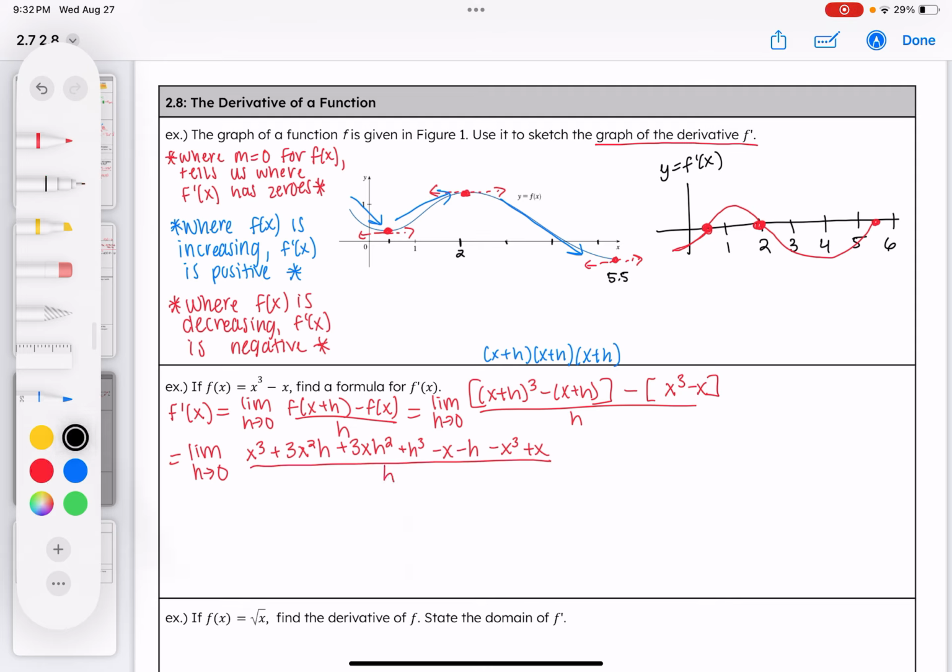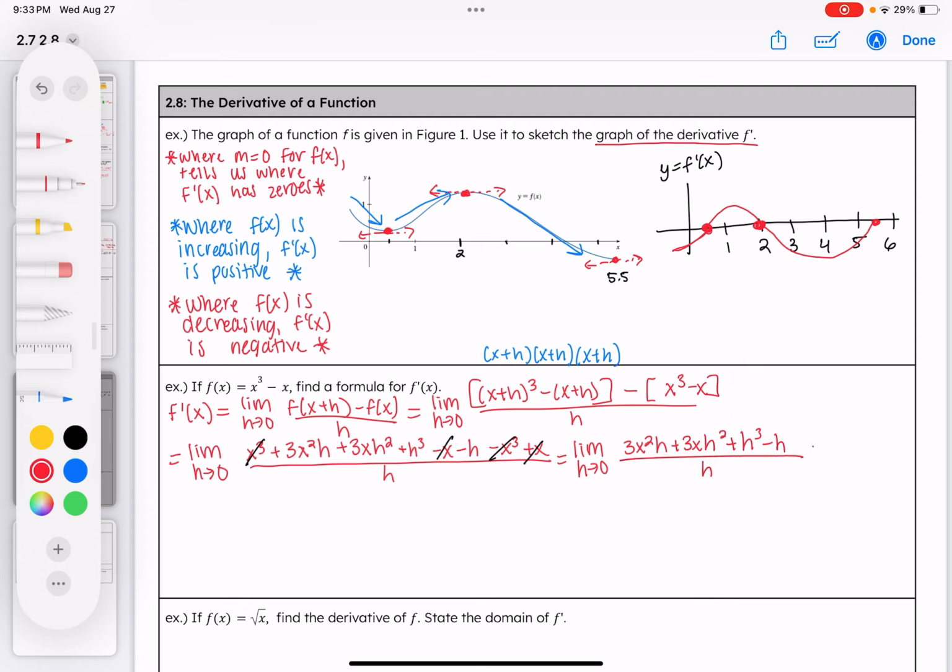That's all over h. Again, for this method, anything that does not have an h should eliminate. So I have an x cubed and a minus x cubed. I have a minus x and a plus x. And I think that's everything that cancels in that step. Then what's left over is 3x squared h plus 3x h squared plus h cubed minus h all over h.